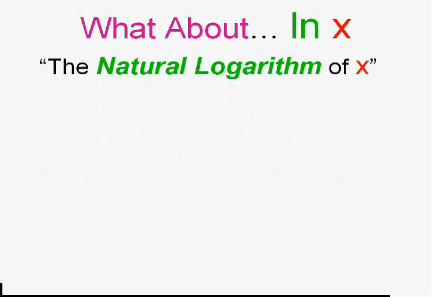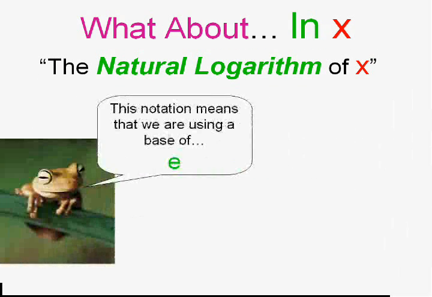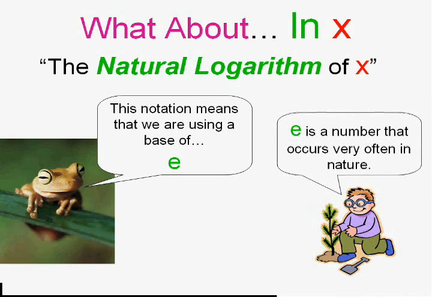Well, if you look below that, you see a button that's ln. That is also logarithm. But that's the natural logarithm of x. The natural logarithm uses a base of a number called e. E is a number that occurs very often in nature. That's all we'll tell you at this point.